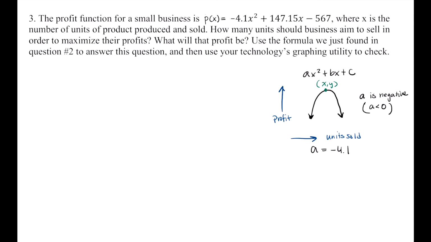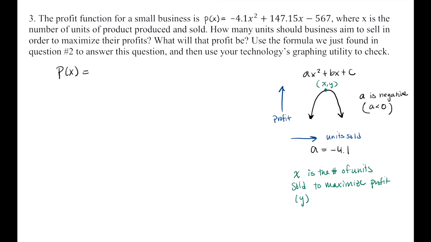Y is at the very top in this case, so this is the maximum profit, and x is the number of units sold to maximize that profit. All right, so now let's use the formula we just found in question 2 to answer this question, then use our technology's graphing utility to check.